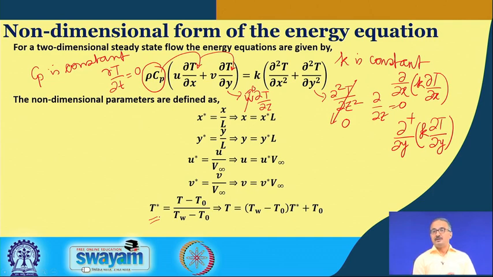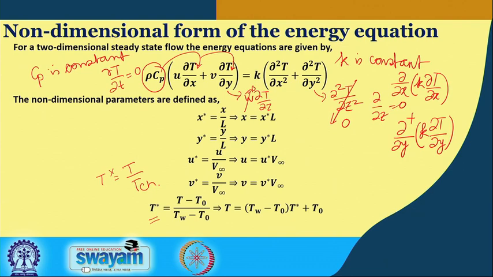When you want to non-dimensionalize temperature, there can be many ways. In fact, you can define temperature in terms of some characteristic temperature. Generally, suppose we have a reference temperature T0 and a wall temperature Tw, as if the fluid is flowing over a surface that has some temperature, and T0 can be taken as the free stream temperature.